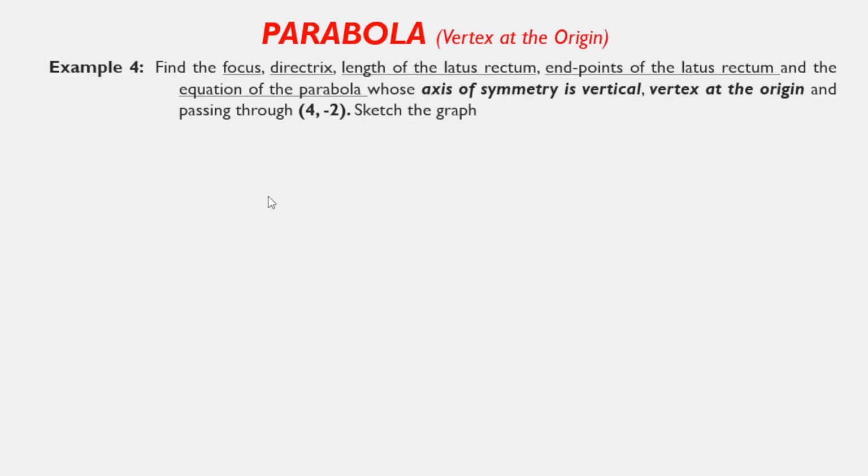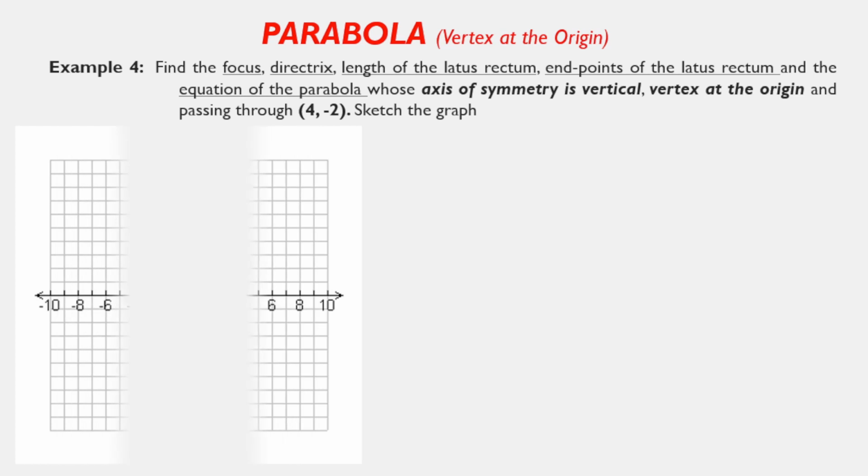Example number 4. Find the focus, directrix, length of the latus rectum, endpoints of the latus rectum, and the equation of the parabola whose axis of symmetry is vertical, vertex at the origin, and passing through the coordinate (4, -2). Sketch the graph.